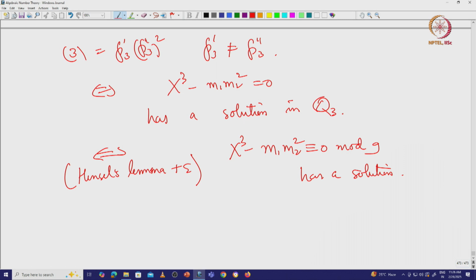Okay, and when does this have a solution? So, what does Z mod 9 Z cross look like?